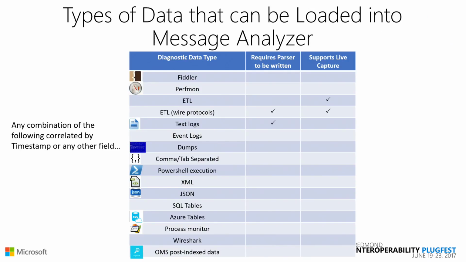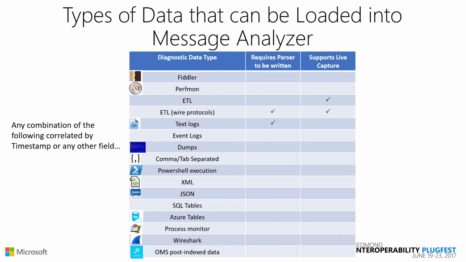So there is lots of data Message Analyzer can support. For example, if you use Wireshark and get some capture files, Message Analyzer can also load the capture file you generate from Wireshark.